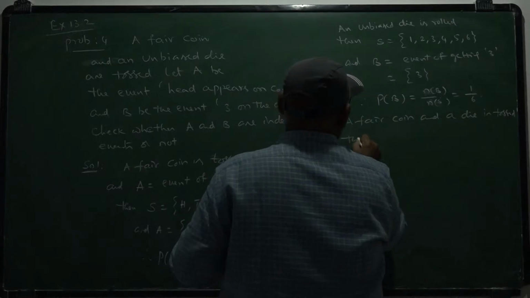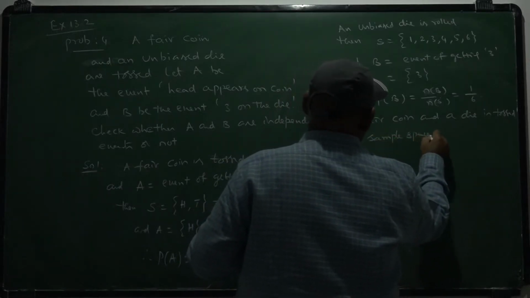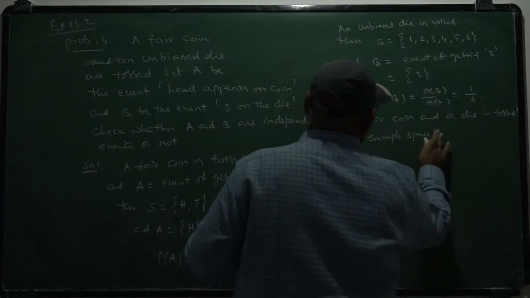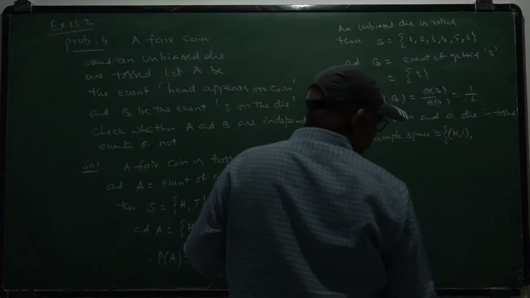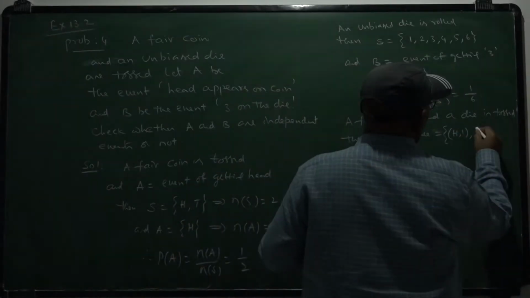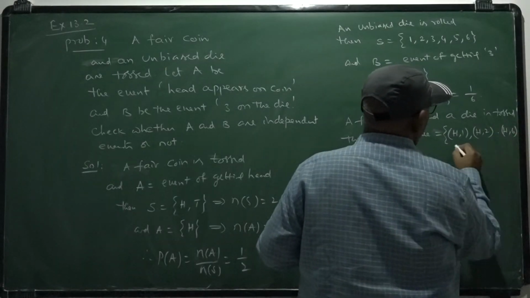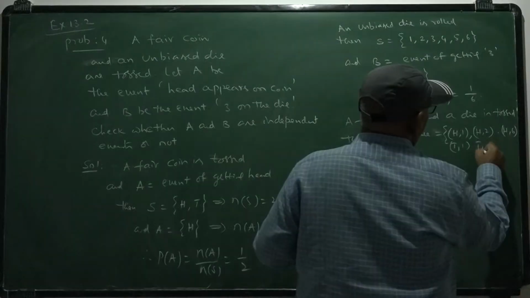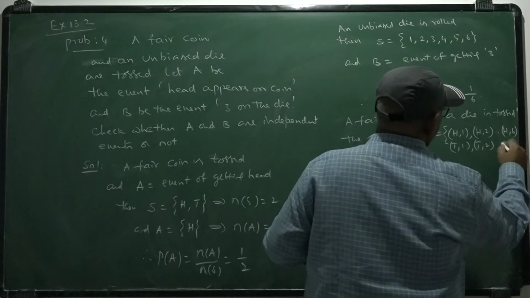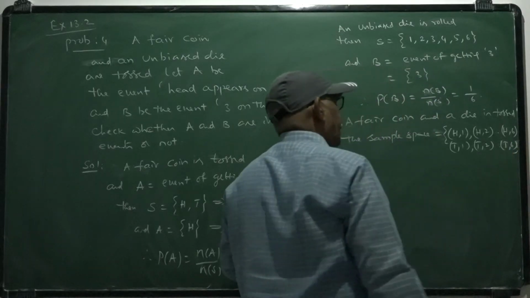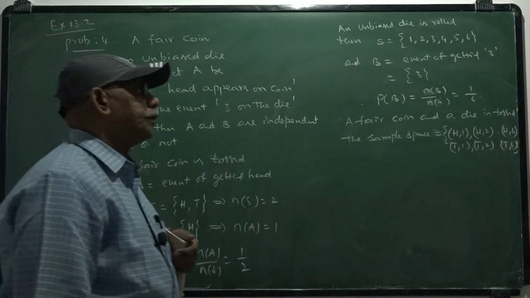The sample space is getting head and 1, head and 2, and so on up to head and 6, then tail and 1, tail and 2, and so on up to tail and 6. There are totally 12 possible outcomes here.